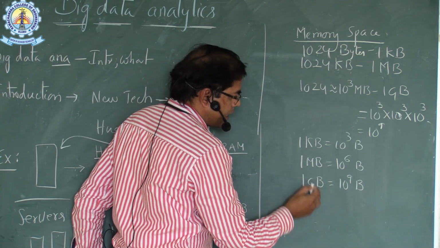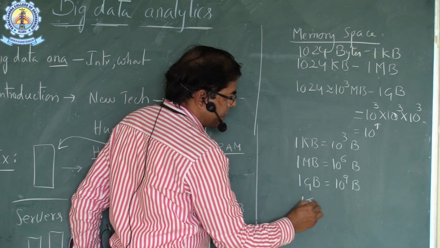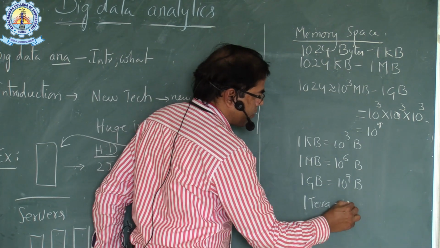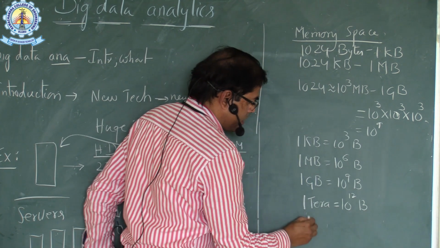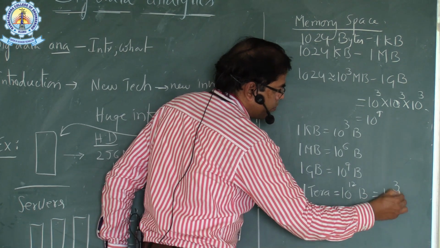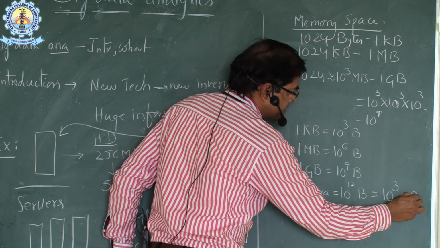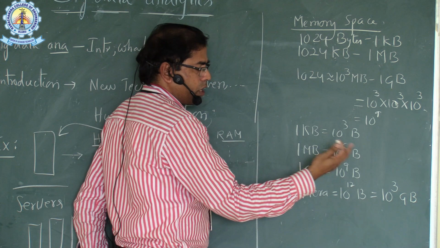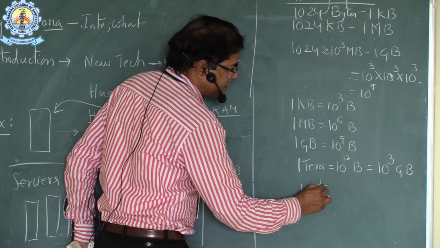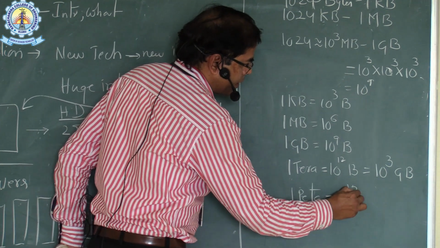After the gigabyte comes the terabyte, which is what we are looking at in systems now. This is 10 to the power of 12 bytes, equal to 10 cube gigabytes, that means 1024 gigabytes. After terabytes, we go to petabytes, 10 to the power of 15 bytes.